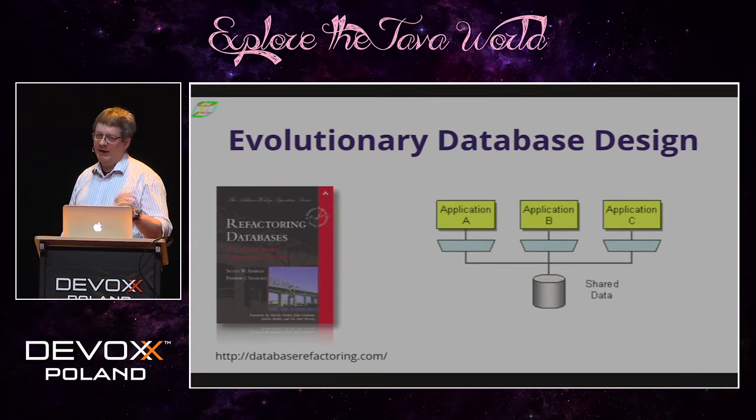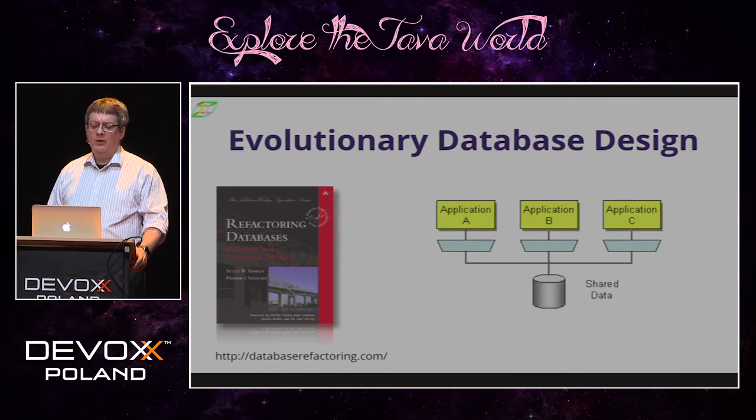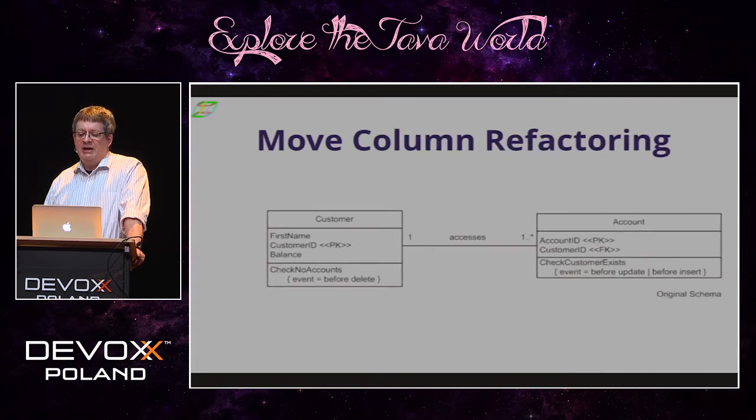Fortunately, in the Refactoring Databases book by Scott Ambler and Pramod Sadalage, there's a great pattern that gets you out of this particular kind of coupling. Refactoring databases is different than doing code refactorings because there's a transition period. So let me give you an example of this. Let's say that you have this scenario.